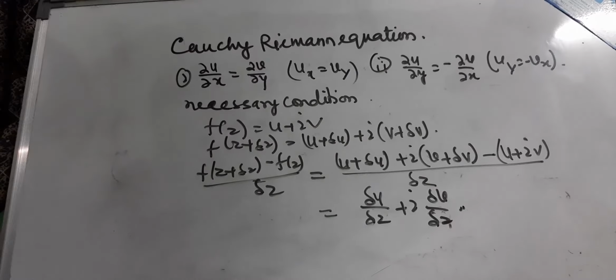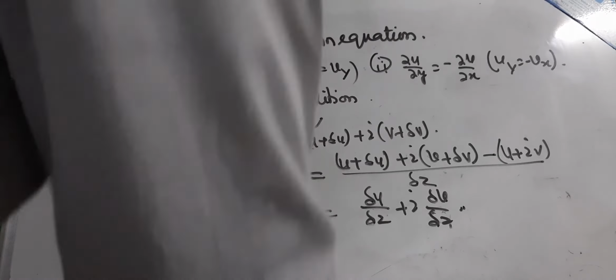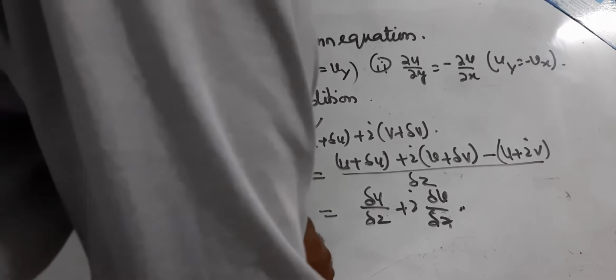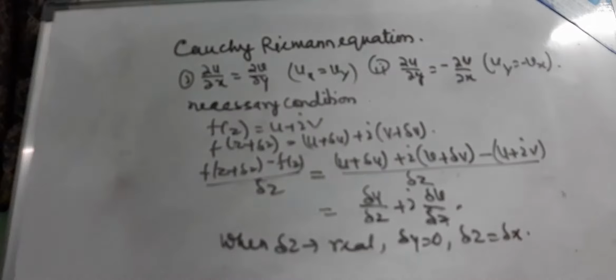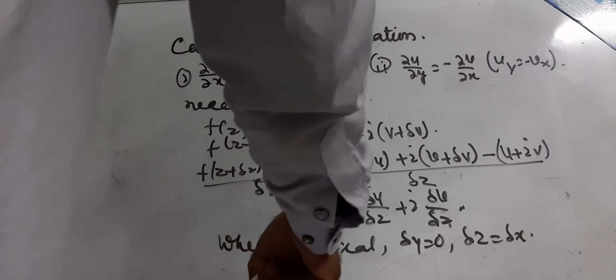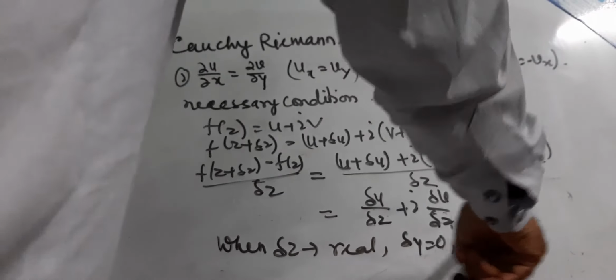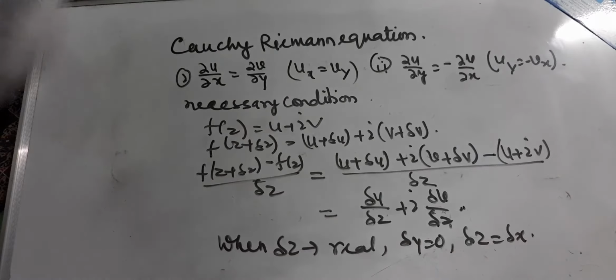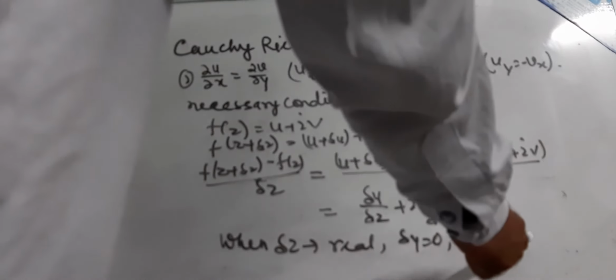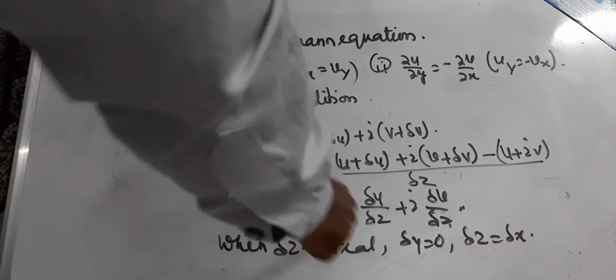So when delta z is only real, it means delta y equal to 0, then delta z equal to delta x. Delta z is real because delta z equal to delta x plus i delta y.